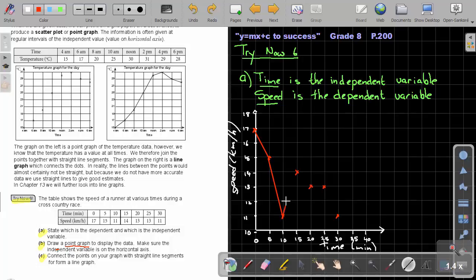So it's to this one, then to this one, then this one, then straight, and then down. 30 was the last one, to 11. Connect the last points, and this will now be a line graph.